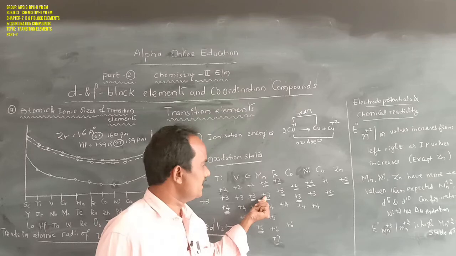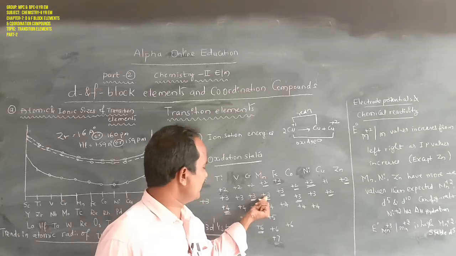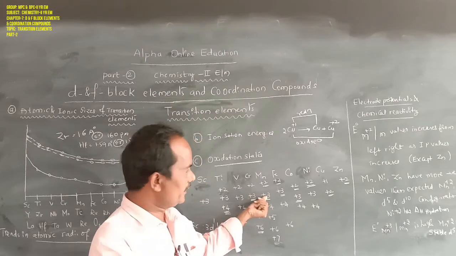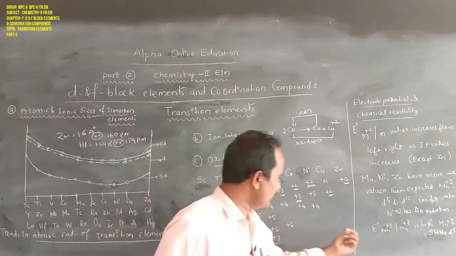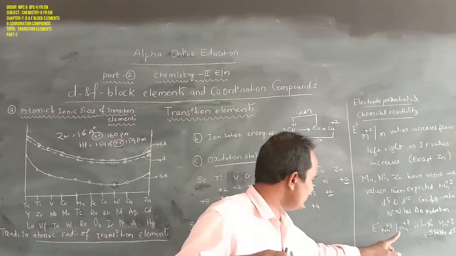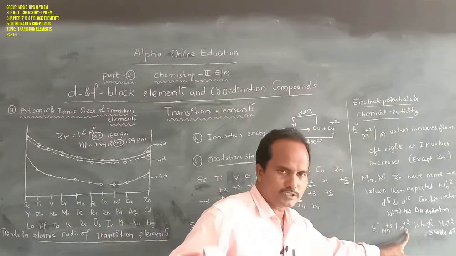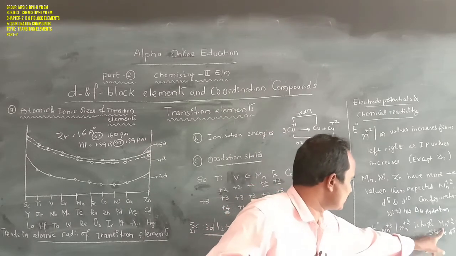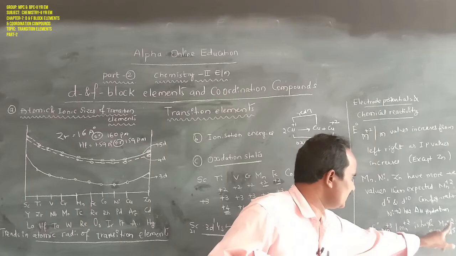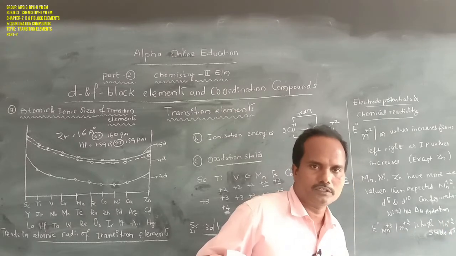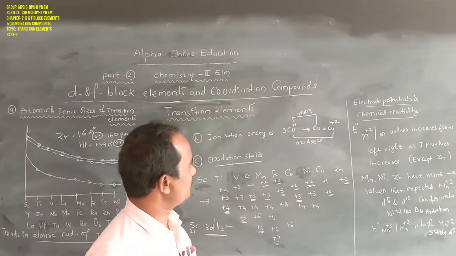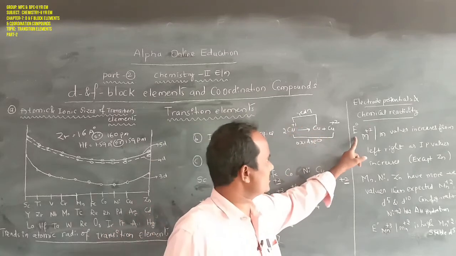In plus 3 state it gains an electron and is reduced, because in plus 2 state it gets the d5 configuration. So this is about standard reduction potential values.